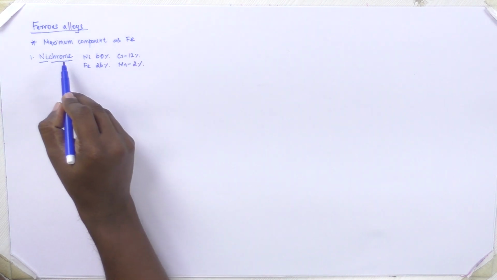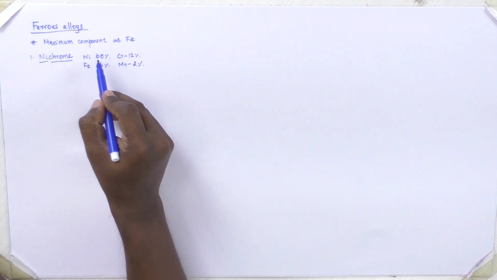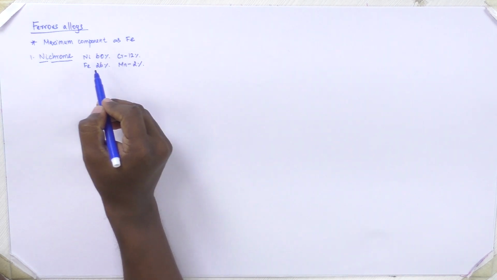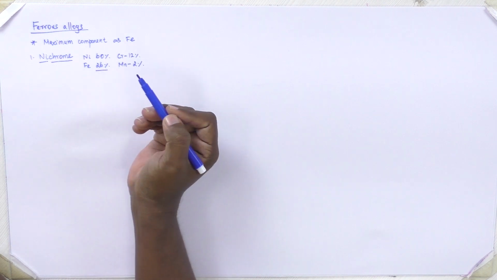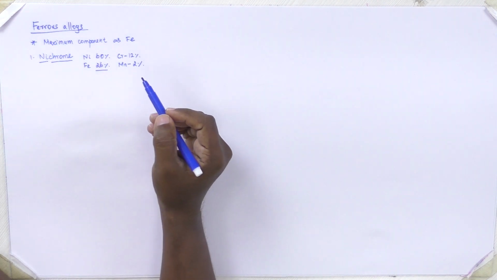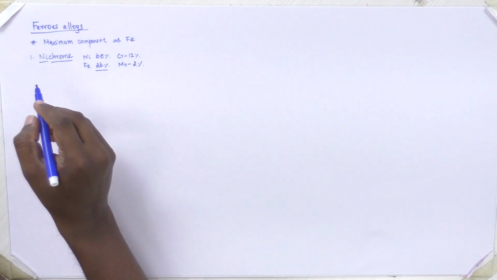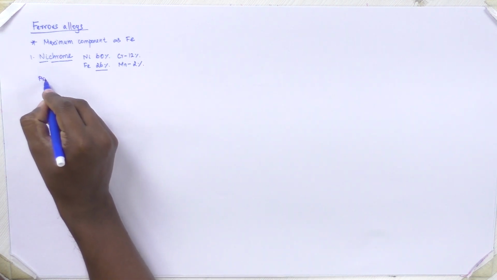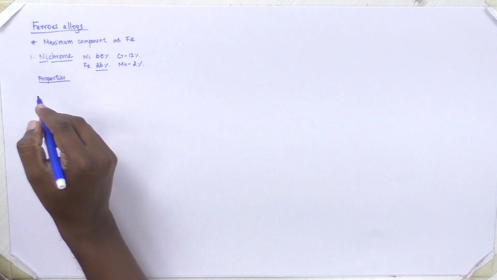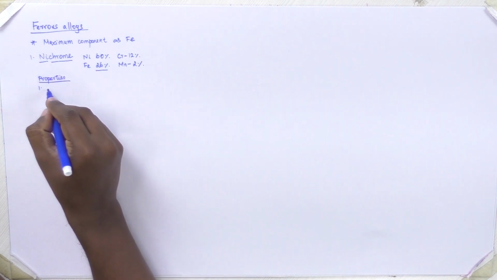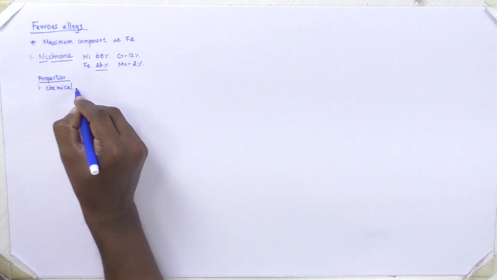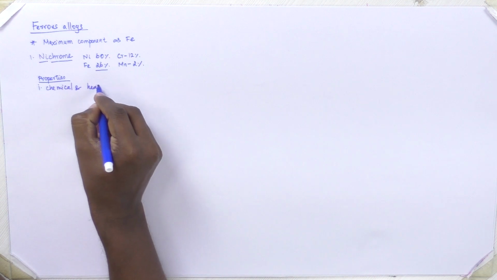So nichrome is an alloy which has nickel, chromium, iron and manganese. In this you have 26 percent of iron. That's why it is classified as a ferrous alloy. This alloy has several properties, and we look at a few of them. The first one is it has high chemical and heat resistance.